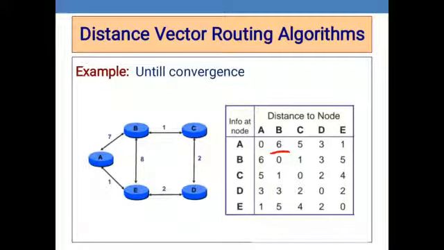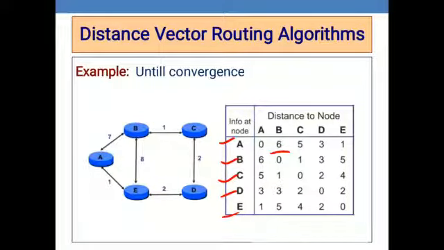Like this is the updated routing table for A. In a similar fashion, we need to update the routing table information of B, C, D and E. That means each and every router maintains its own routing table. Whenever a neighboring node updates its information periodically, the routing table is immediately updated with the new value.